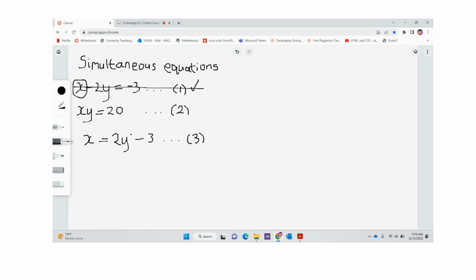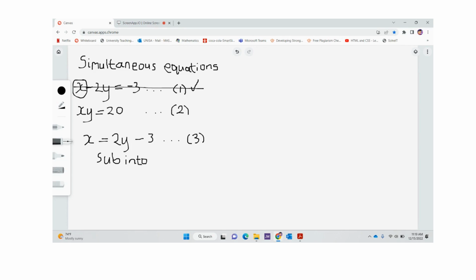What are we then going to do? We are now going to substitute the created equation 3 into equation 2. I repeat, not into 1 because we took it from equation 1. So hence I've scratched out equation 1 there.